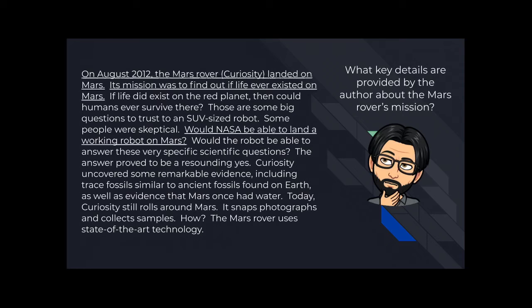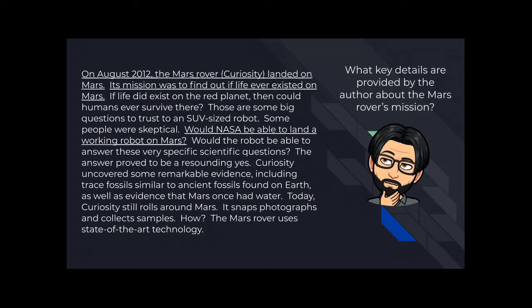All right, so we're given the information of when and where: the author tells us specifically that the Mars rover landed on Mars. And then we find out that there's actually 2 key parts of the mission. First, it's to find out if life ever existed on Mars.